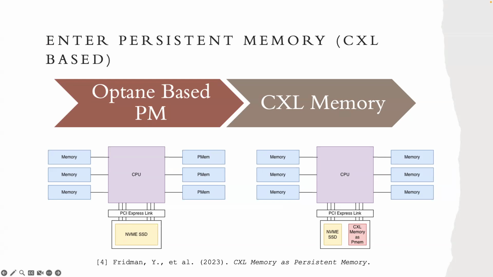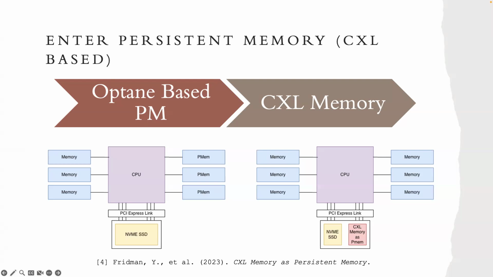You might think that since it's using PCI Express, it might be slower like SSDs, but it's actually using the same link as the graphics card uses. So the bandwidth is actually very good, and we will see this in detail in our experiments as well.